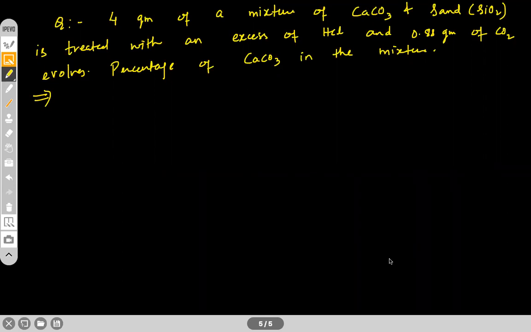Okay, you see the mixture of CaCO3 and SiO2 we have. SiO2 does not react with HCl. It is a reaction of CaCO3 and HCl, which gives CaCl2 plus H2O plus CO2.